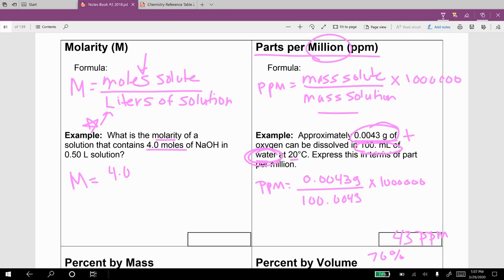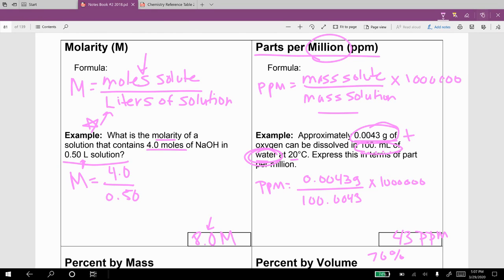So 4.0 moles divided by, and here's my solution, there's my liters, there's my 0.50. So 4 divided by 0.5 is equal to 8.0, capital letter M, 8 molar. That means that there are 8 moles of sodium hydroxide in each liter of solution.